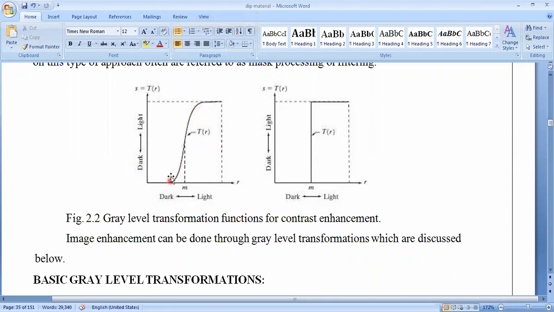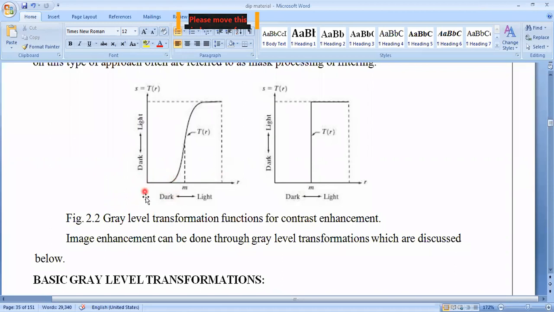If you observe here, the input gray level values from 0 up to a certain range are all going to be rounded off to one value.